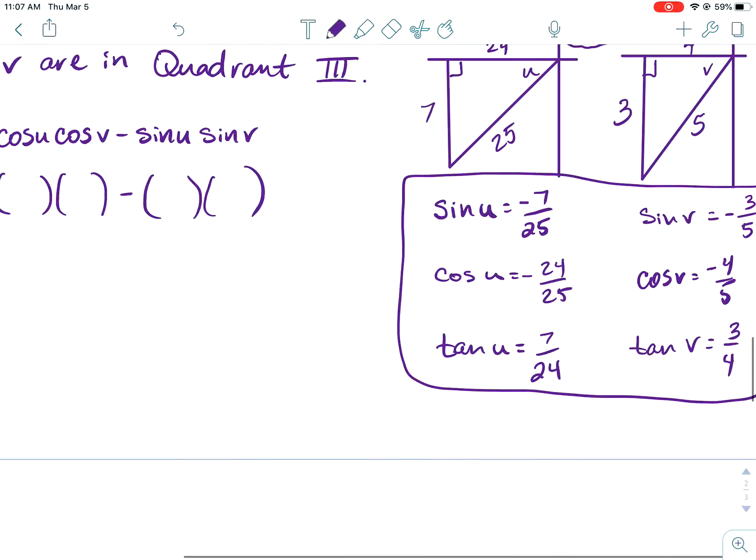And then we've already figured out what all those things are. So in the place of cosine of u, I'm going to put -24/25, and cosine of v, I'm going to put -4/5. All right, and then sine of u and sine of v.